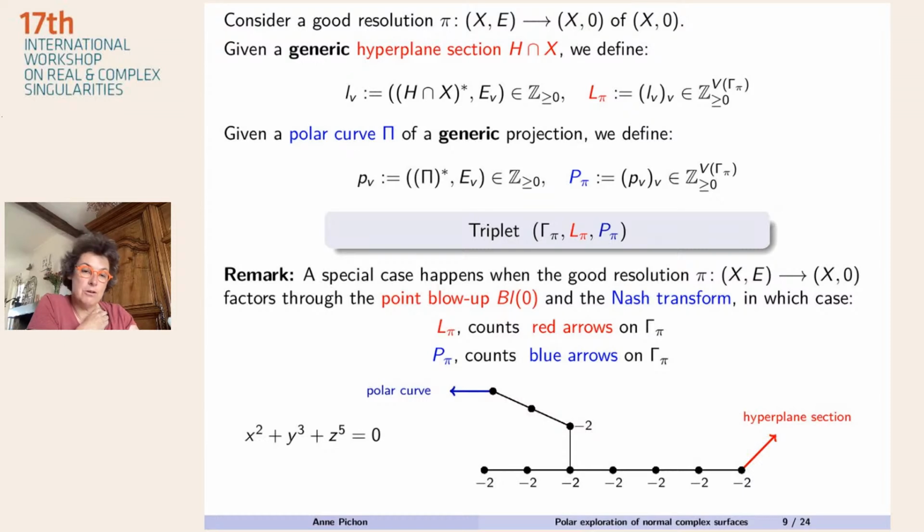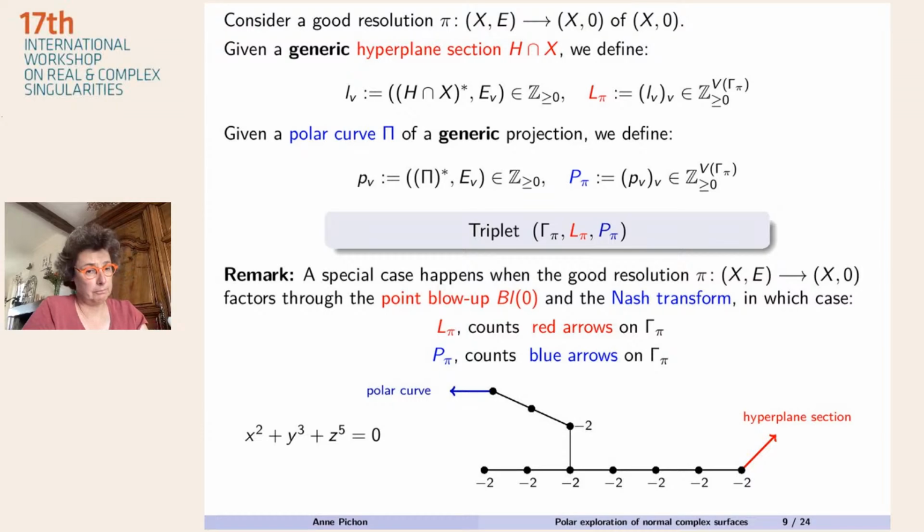And of course, a special case happens when the good resolution pi factors through the blow-up of the origin and through the Nash transform, in which case L pi counts simply the red arrows on gamma pi for each vertex, and P pi counts the blue arrows on gamma pi.